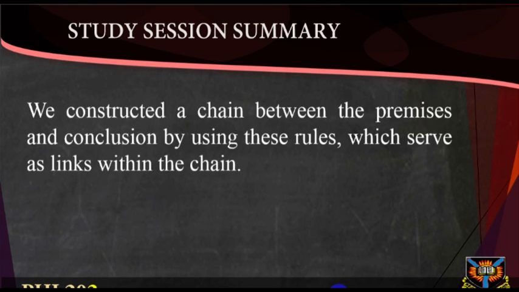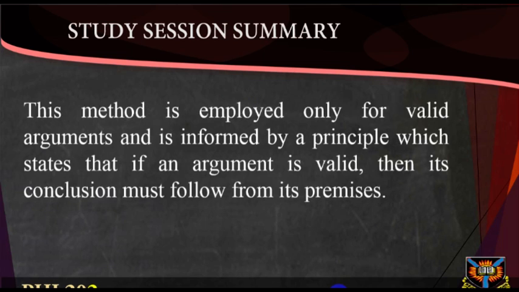We constructed a chain between the premises and conclusion by using these rules, which serve as links within the chain. This method is employed only for valid arguments and is informed by a principle which states that if an argument is valid, then its conclusion must follow from its premise or premises.